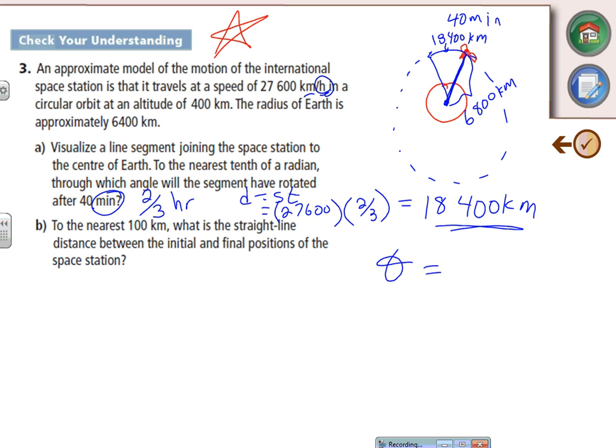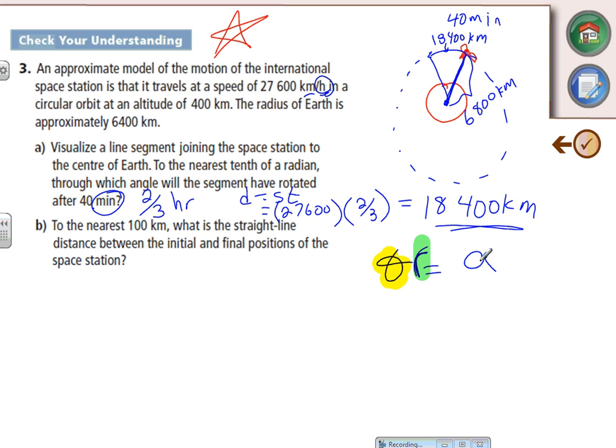So then our arc length is the angle in radians multiplied by the radius, theta r, or r theta. The arc length is only dependent on the angle that we rotate and the radius of the circle.